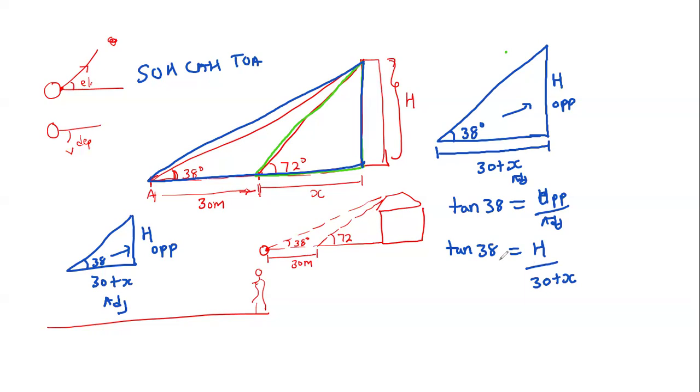Now, since I'm interested in finding the height, I'm going to make it the subject of the formula. So I can just cross multiply like this. When I cross multiply, this is going to be h equals tan of 38 into 30 plus x. So this one is going to be my first equation.